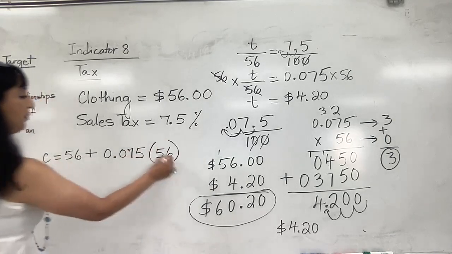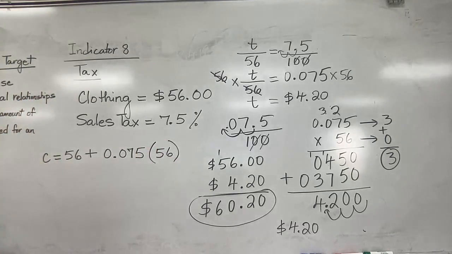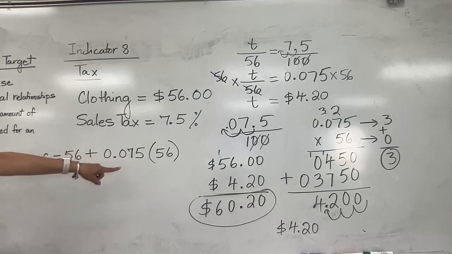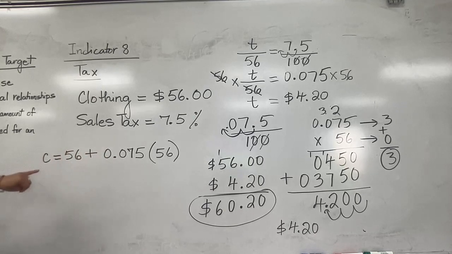Here we go. We can also do it this way. So we write an equation, because the total cost is the cost of the clothing plus the sales tax. The sales tax, and C is representing the total cost. So we can always write it as an equation like this. All right. And then let's say I am going to use distributive property.